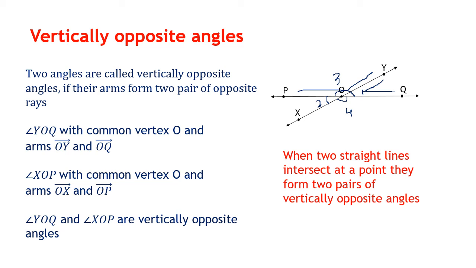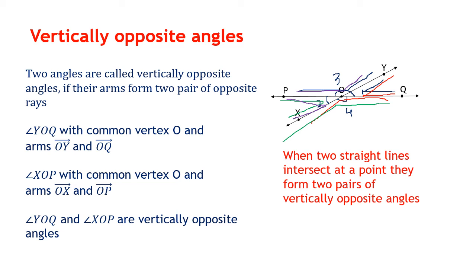But also angle YOQ and angle XOQ form a linear pair because they make a straight line. Right? So that is another pair. Then we have angle XOQ and angle POX, which is also a linear pair. And we have angle POX and angle POY, which is also a linear pair.